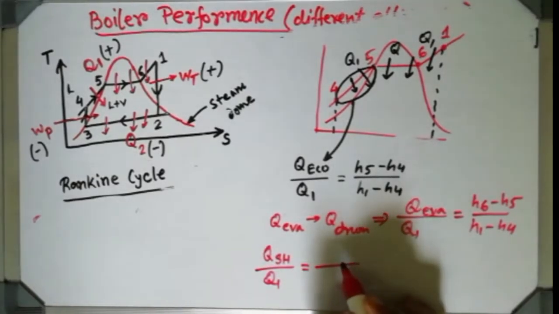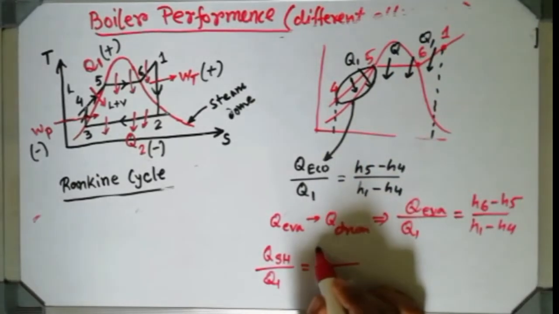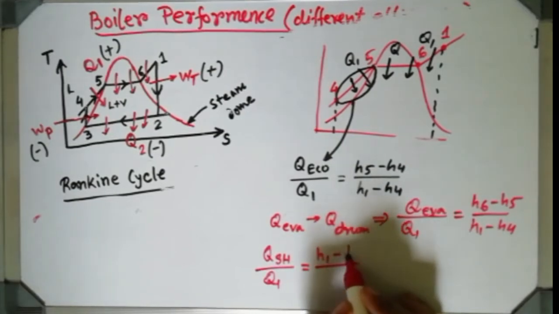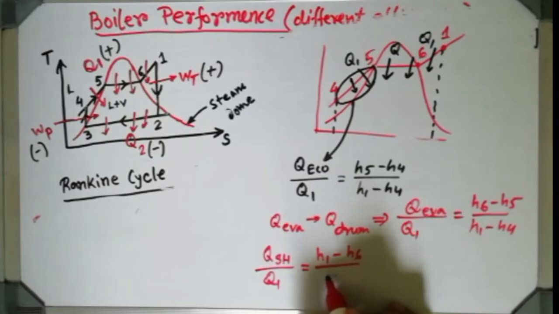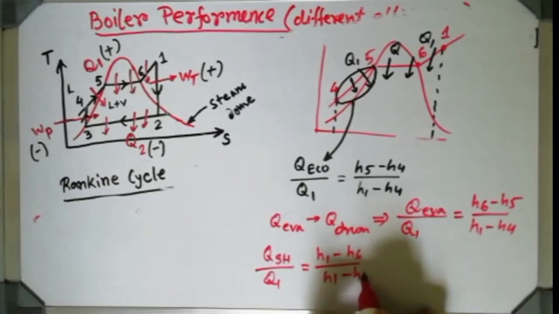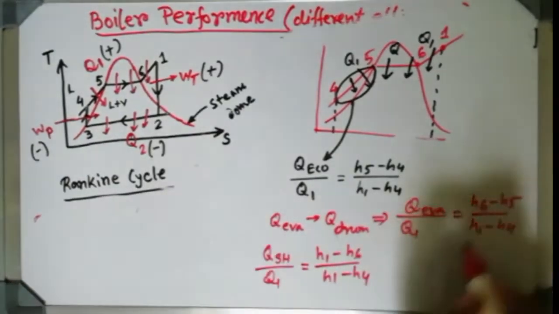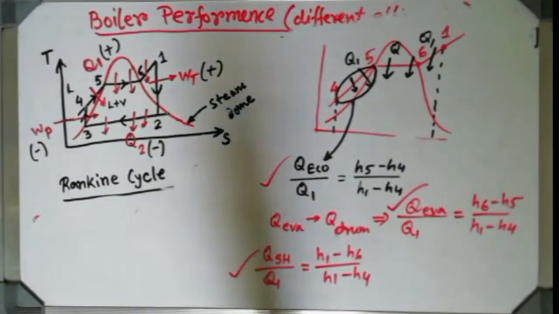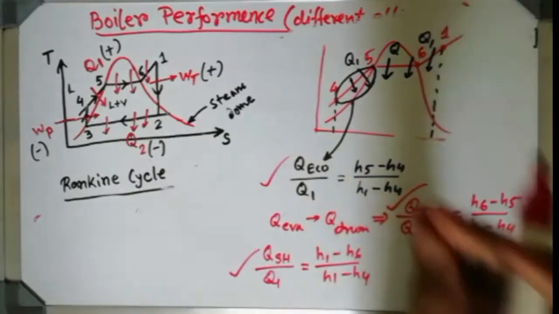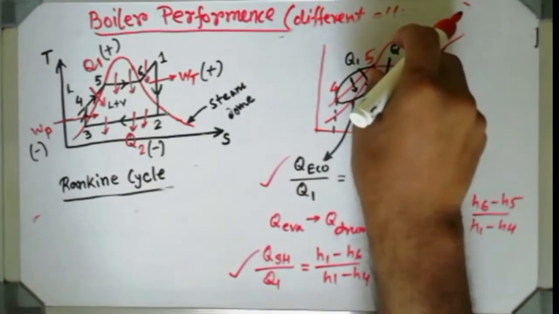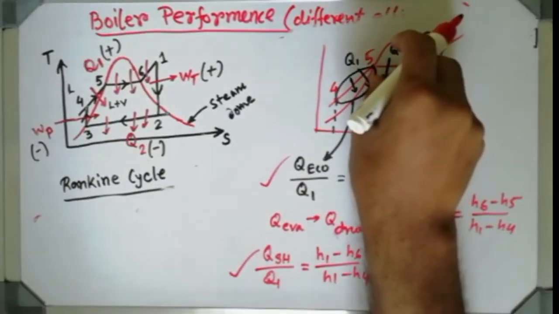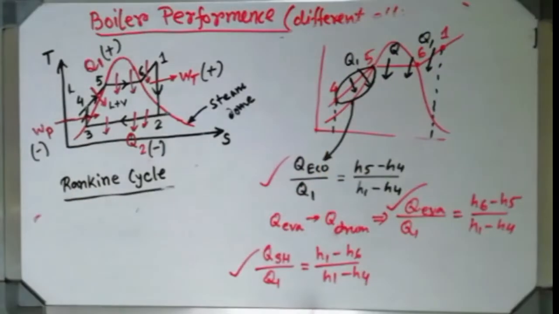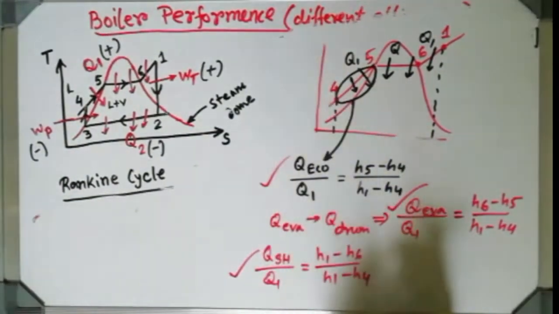For the superheater, the final enthalpy is H1 and the initial enthalpy is H6, divided by the same thing, H1 minus H4. So by using these three relationships, you can find what amount of heat you are supplying to the economizer, the boiler drum and the superheater. You can find it this way.